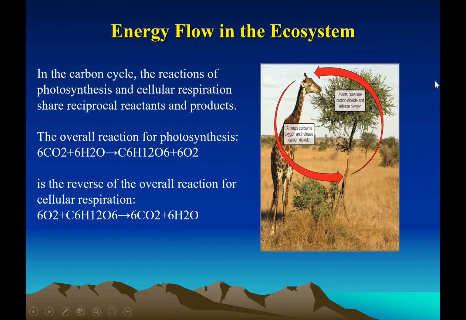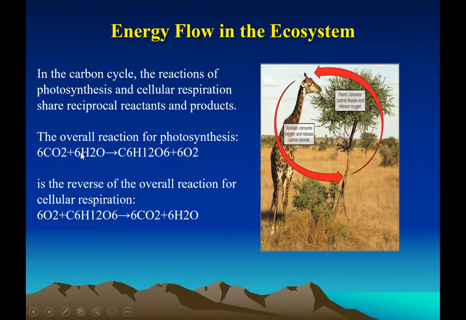So here's a slide that summarizes how the energy flow in the ecosystem is maintained by both photosynthesis and cellular respiration. So if you see the overall equation for photosynthesis, it is the opposite of cellular respiration.